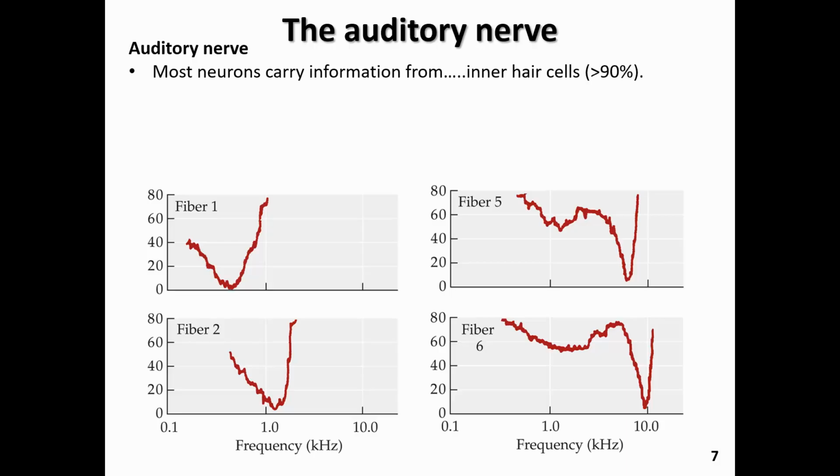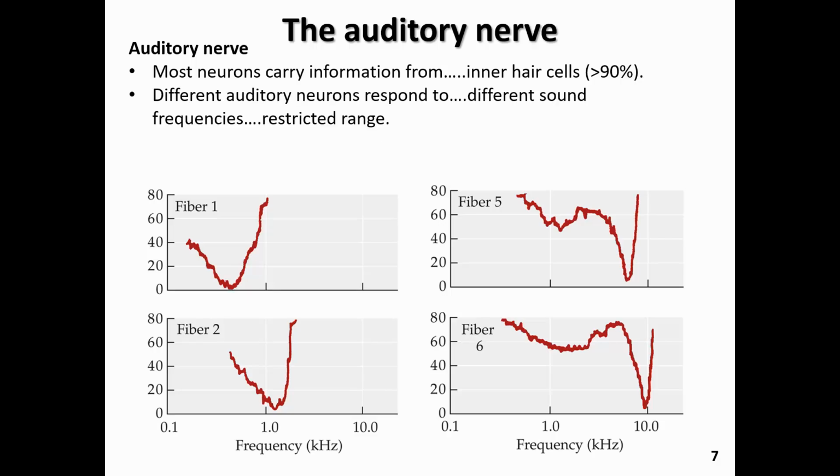As indicated on the previous slide, most of the neurons that carry that information come from the inner hair cells, so over 90% come from those cells. The nerve is made up of a very large number of fibers or neurons. The terms fiber and neuron are used interchangeably.